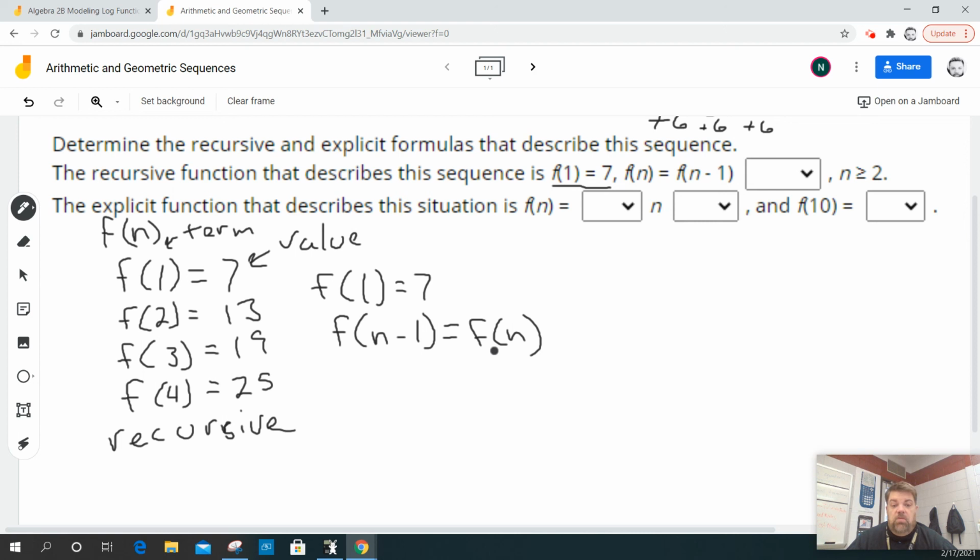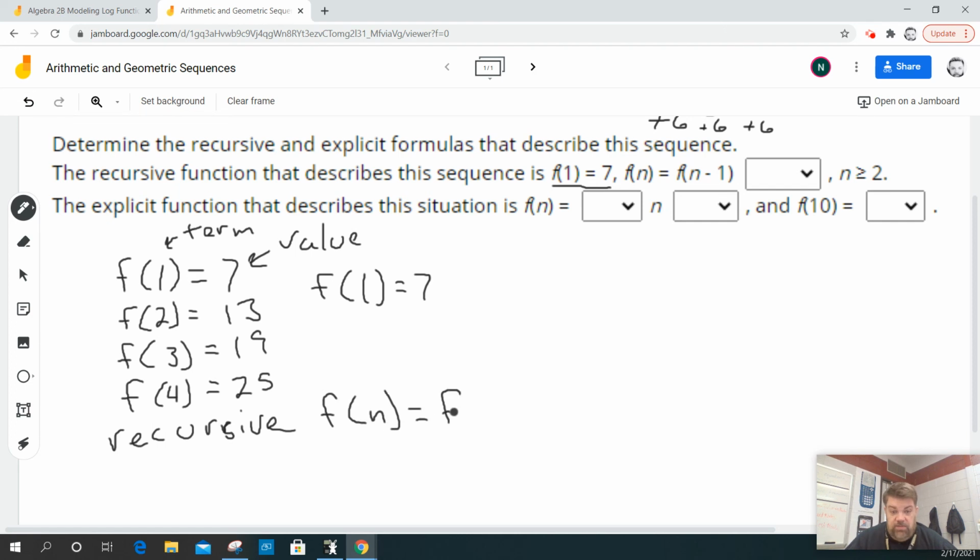So my recursive notation, in fact, wait, let me draw that the other way around. So my recursive function would be f of n is equal to f of n minus 1. So this is the current term.